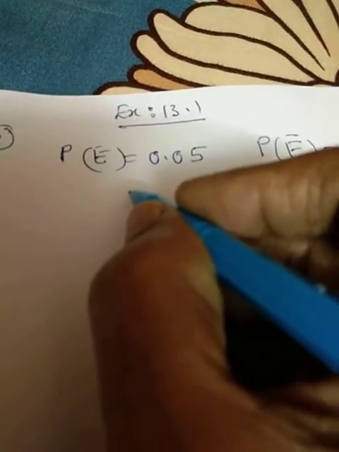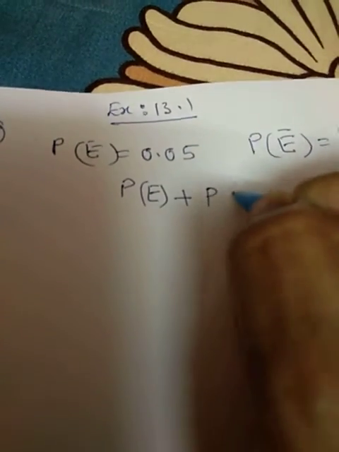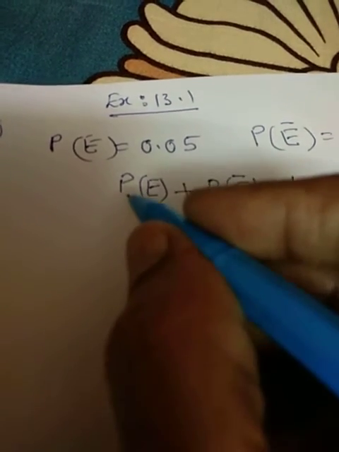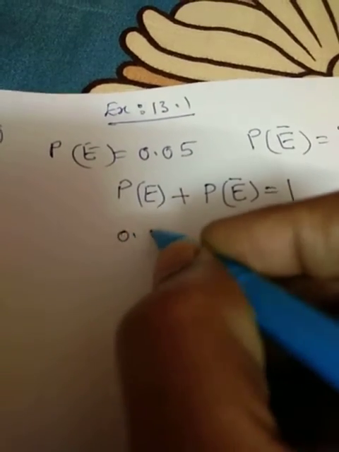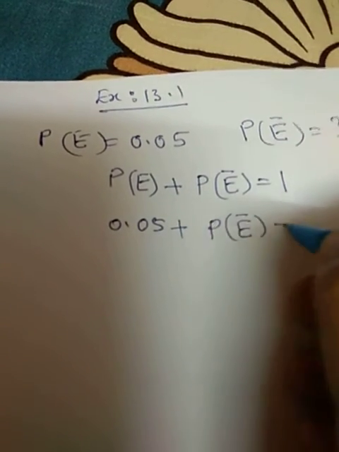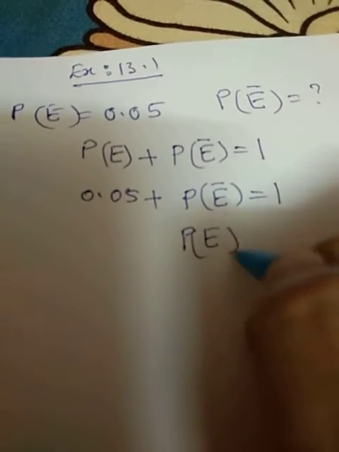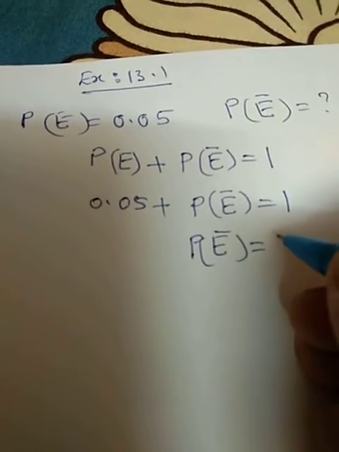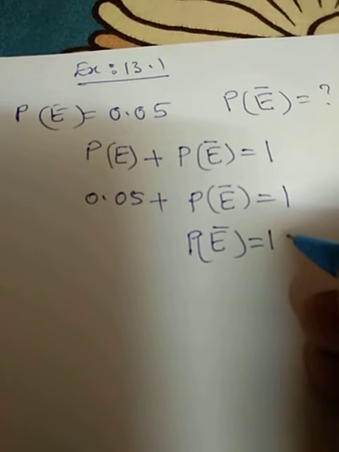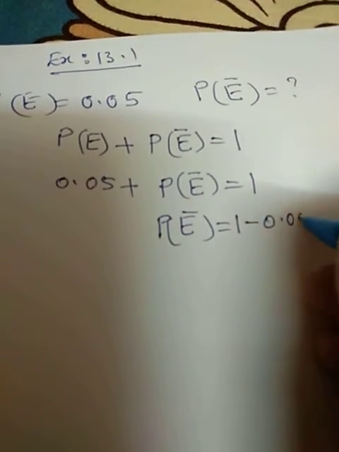Already we have discussed the formula, that is P of E plus P of E bar is equal to 1. In this formula P of E is given as 0.05, so 0.05 plus P of E bar is equal to 1. So P of E bar is equal to, after transposing 0.05 to the right-hand side, 1 minus 0.05.